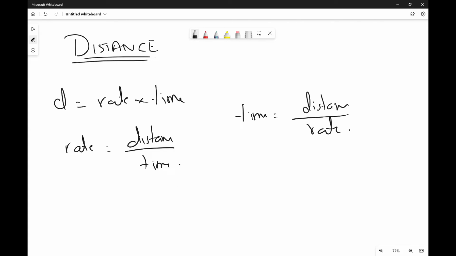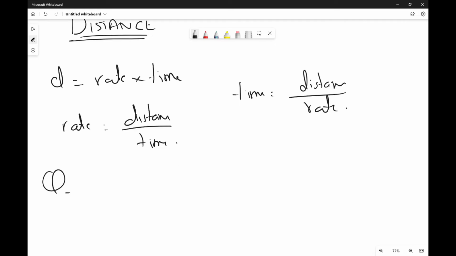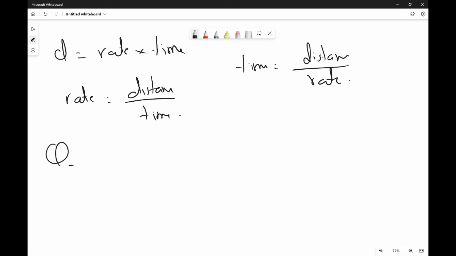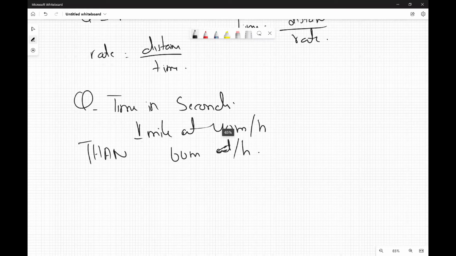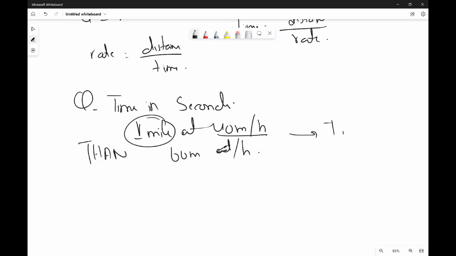Let's look at the first question here. How much longer in seconds? You're supposed to find time in seconds is required to drive 1 mile at 40 miles per hour, then 60 miles per hour. यानी आप जब if you drive 1 mile at 40 miles per hour, तो आपको कितना टाइम लगेगा?